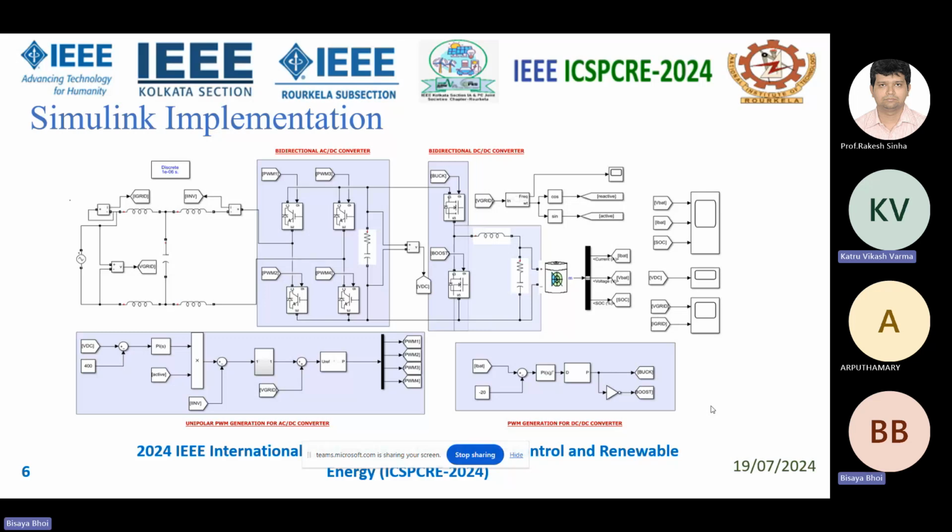Sir, I'm not getting your point. What were you telling? No, I am saying that your battery voltage is changing based on your SOC. When you are discharging the battery, the SOC will degrade from the maximum to the minimum, and at that time your voltage will also vary based on SOC. So how are you maintaining it?